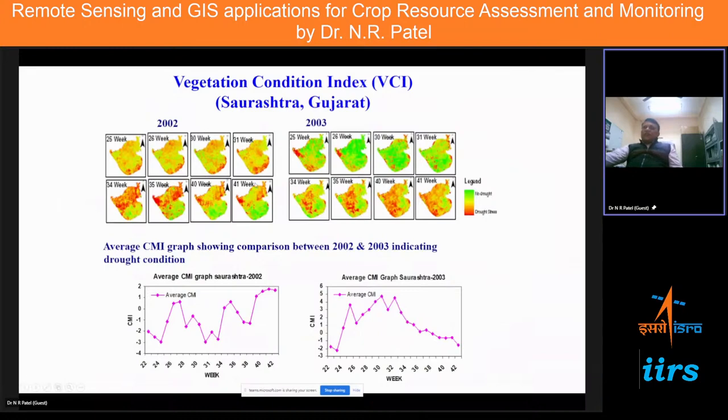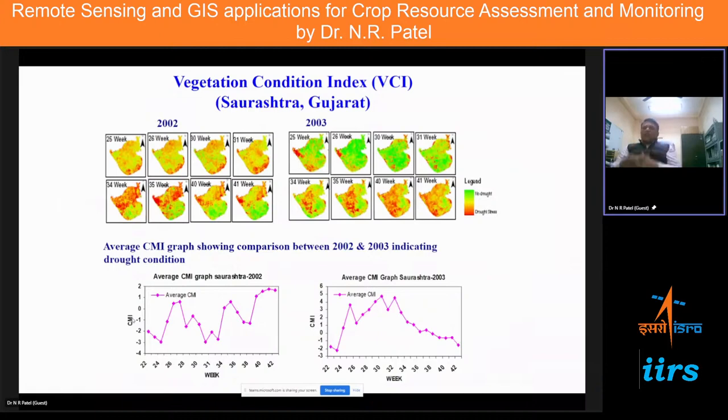Here you see an example of Saurashtra in Gujarat. In 2002 it is all red, meaning stress, all weeks in stress. In the next year it is all green, meaning there was a favorable condition, no drought. This can also be seen in the graph of the crop moisture index from ground observation at the agromet observatory, mainly potential evapotranspiration.